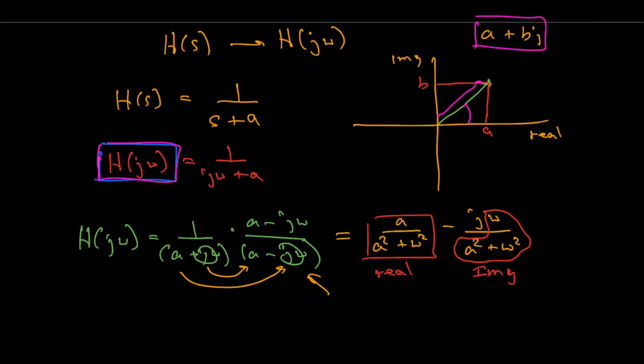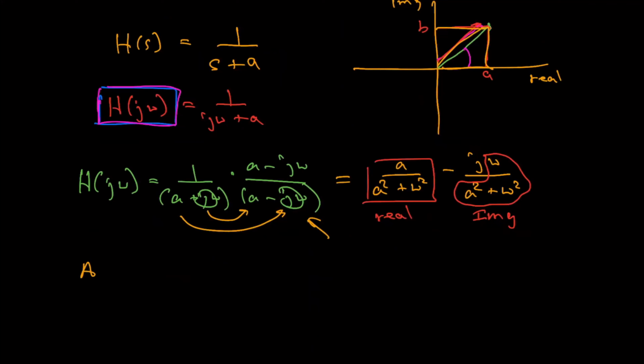Amplitude is the easiest one because it's just the length of that vector. And we just use Pythagoras' theorem on this triangle, which is basically the square root of a squared plus b squared. So the amplitude becomes the square root of a squared plus b squared, which is the square root of this one, the real part, a over a squared plus omega squared, plus omega squared.